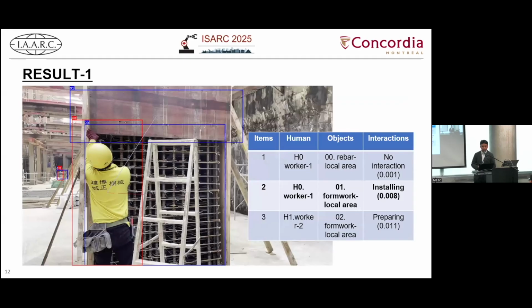As the first inference result, we not only detect the big object, but we can also detect the small object. Here we have a human interacting with the formwork local. He's installing the formwork.